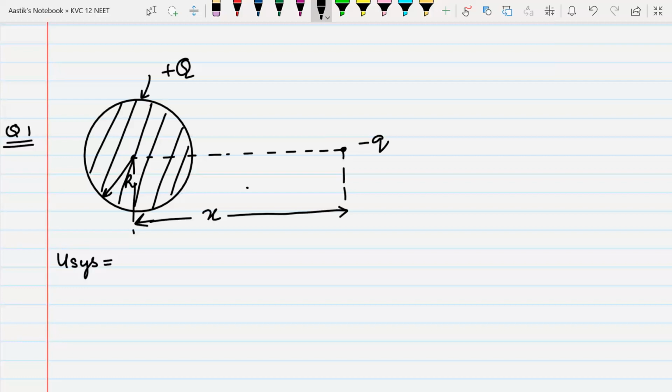Yes, anyone with an answer? You have to find out the energy of the system. I told you how to find out the energy of 2-point charges. If you can remember that, you should be able to get me the answer of this one. I'm counting on you guys to give me the answer. Yes, bacha.